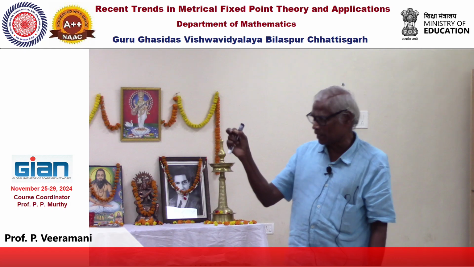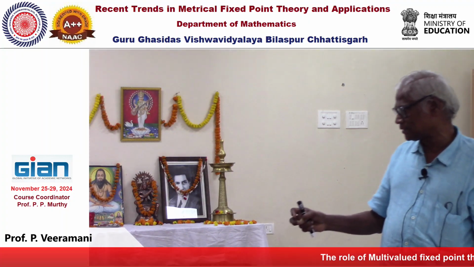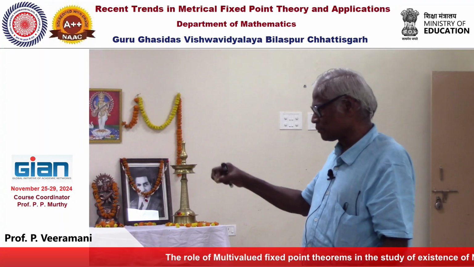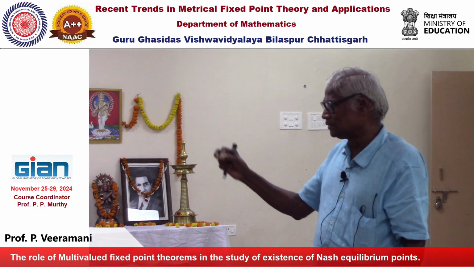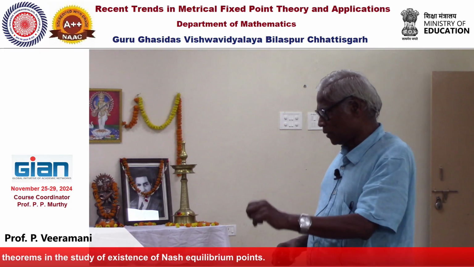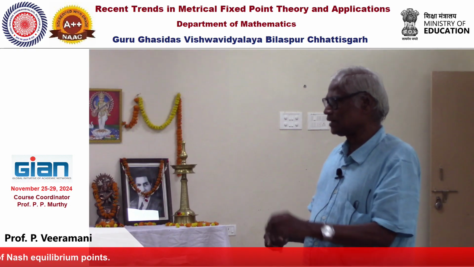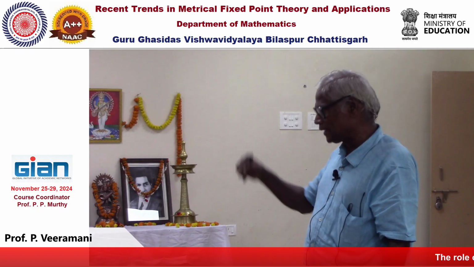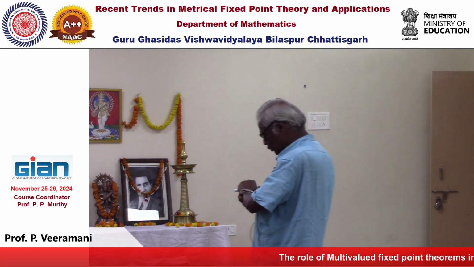That means Z equals the ordered pair x naught, y naught. If such a pair exists, you have to prove under what condition on the domain M cross N and what condition on the payoff function. Then under suitable conditions, there exists a point x naught, y naught belonging to M cross N such that x naught, y naught belongs to T of x naught, y naught, and that gives maximum profit for player 1 as well as player 2.